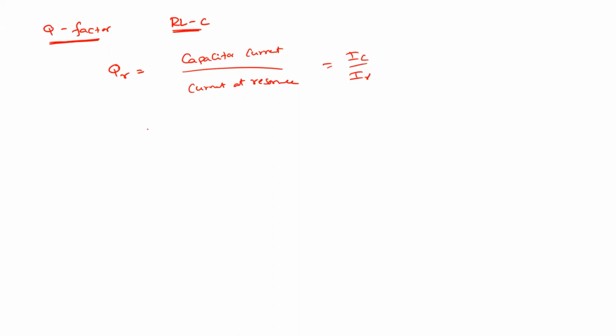So we know that the capacitor current is magnified by QR times the resonant current. Now what is IC? If you know the voltage, IC we can write as V by XC. Agree? Yes, sir. What is the resonant current? Resonant current is V by RD.